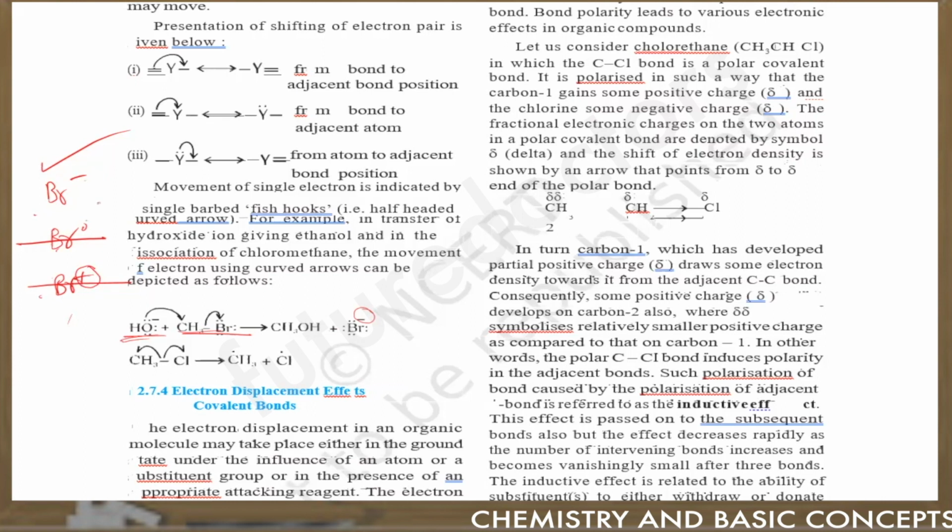Br is leaving the group as a nucleophile. Okay, because this one is a weak nucleophile and this one is a strong nucleophile. So a strong nucleophile can replace a weak nucleophile, but a weak nucleophile cannot replace a strong nucleophile.